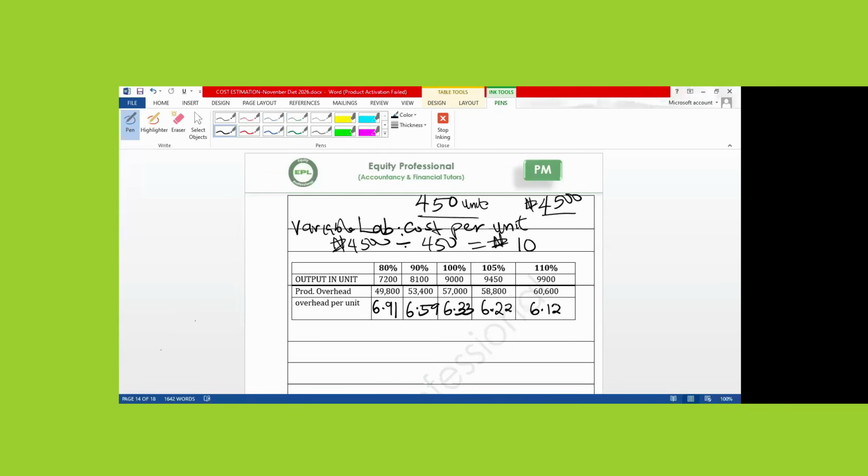As production volume increases, total overhead cost also increases, but overhead cost per unit falls. This is a confirmation that this production overhead is a mixed cost.